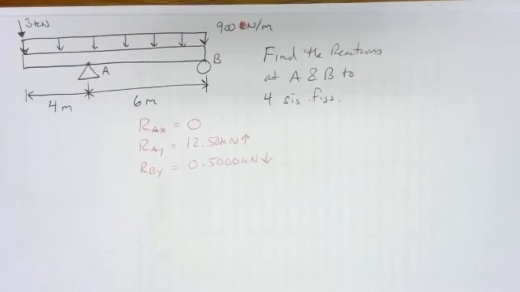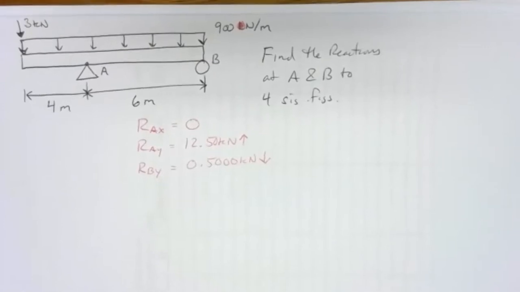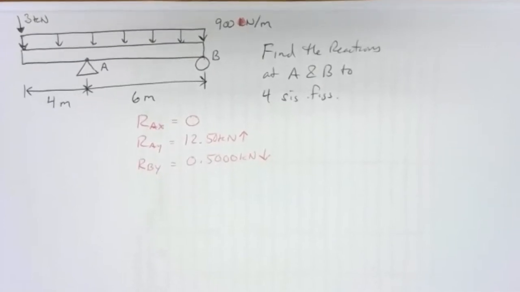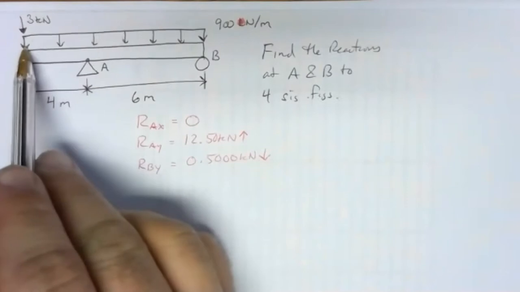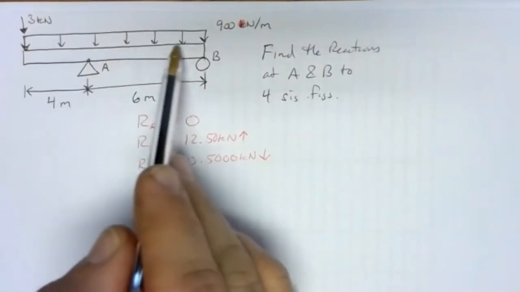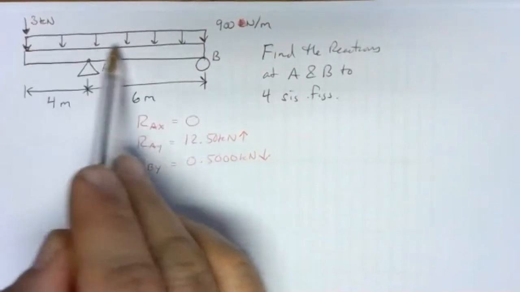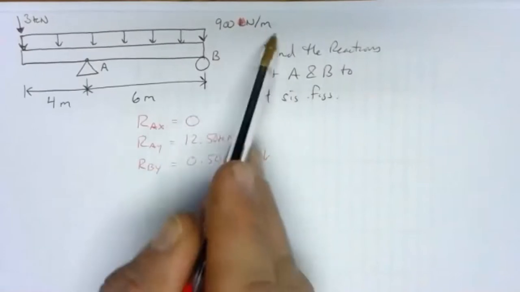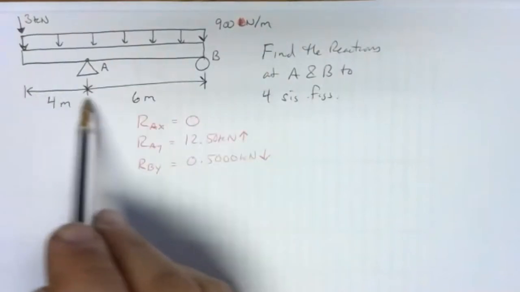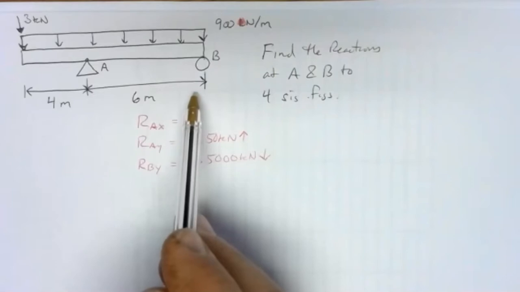All right, so let's take a look at the solution here. So the first step is to draw our free body diagram. But before that, we've got to figure out what our equivalent concentrated force is going to look like for this distributed force. So here we've got this uniformly distributed force, 900 newtons per meter, spread out over 10 meters.